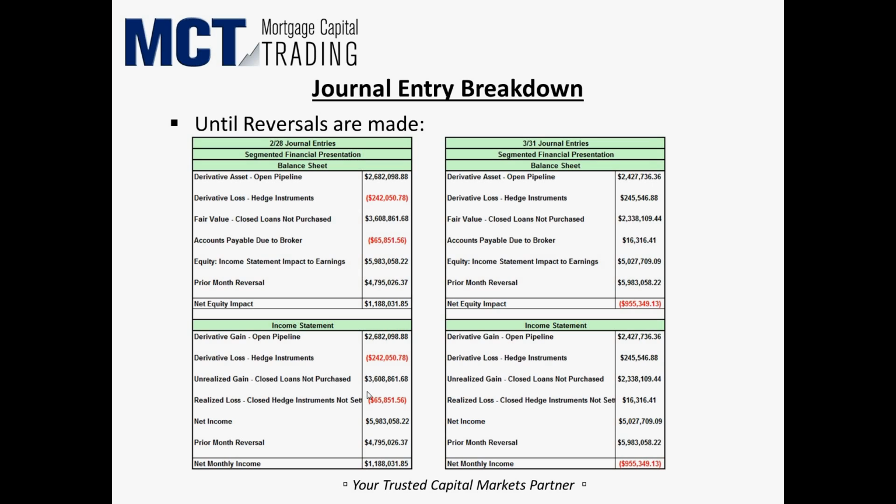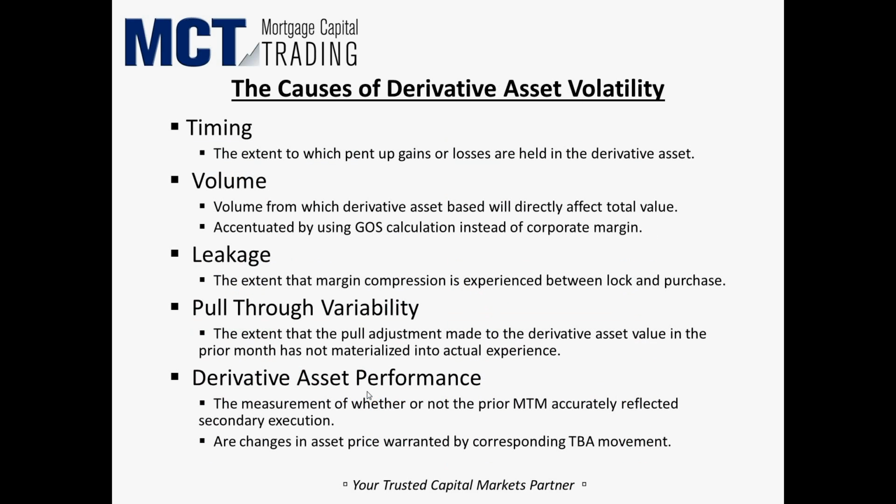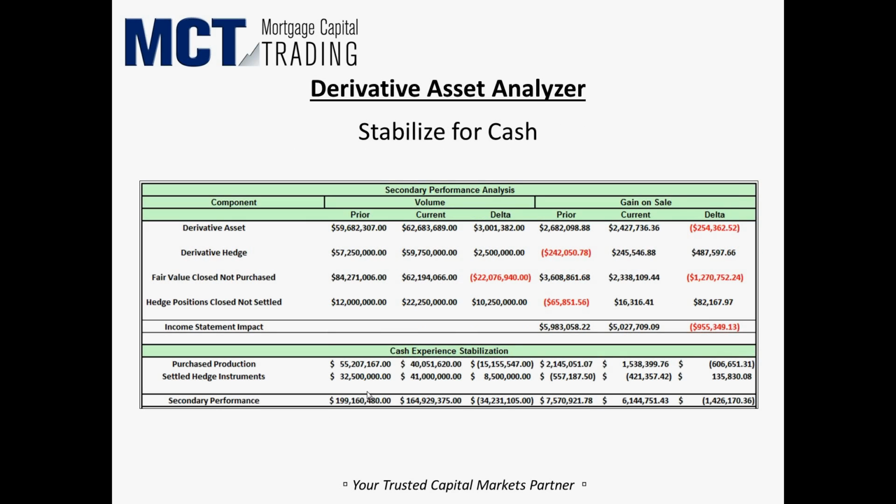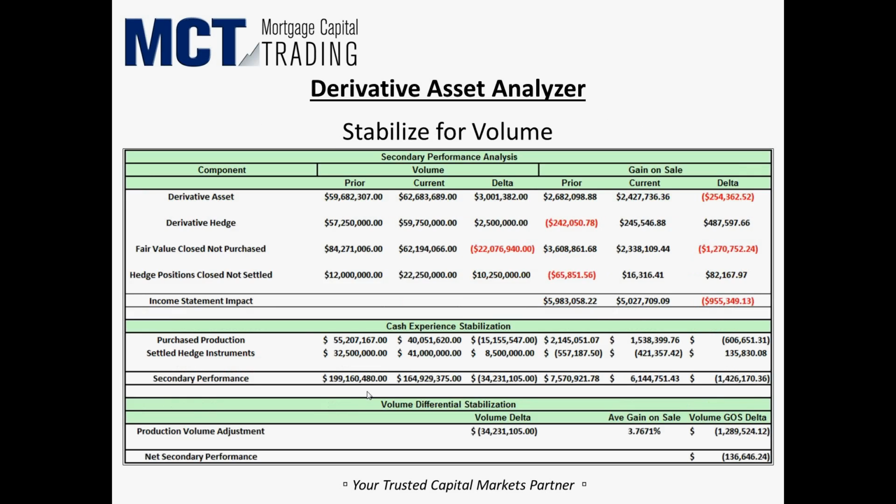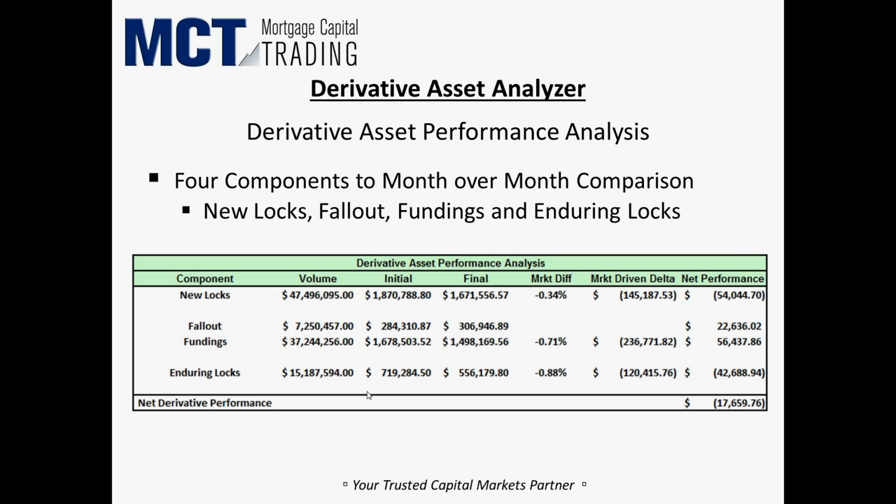I mean, $1 million hit is a big number. But by the time you adjust for volume and timing, and then you begin to look at what happened to the performance, you can see that really there wasn't a whole lot of derivative asset degradation.